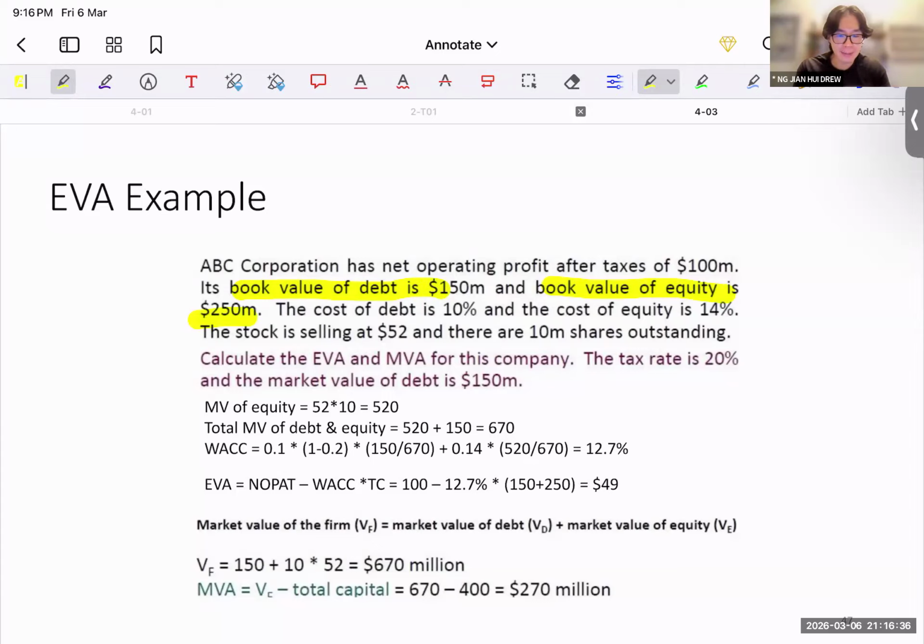The cost of debt is 10%. The cost of equity is 14%. The stock is selling for 52, and there are 10 million shares outstanding, right? So calculate the economic value added and the market value added for this company.